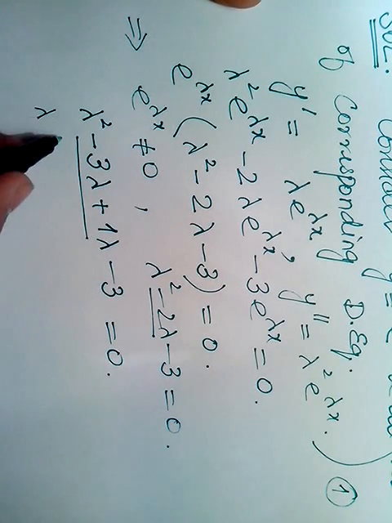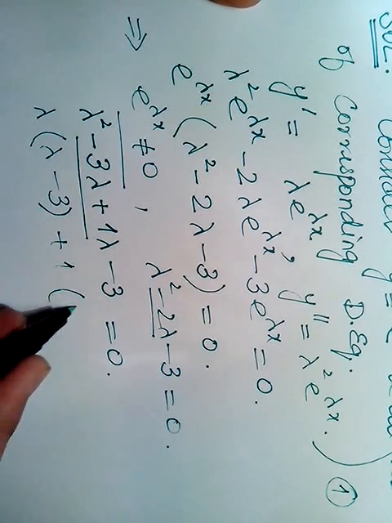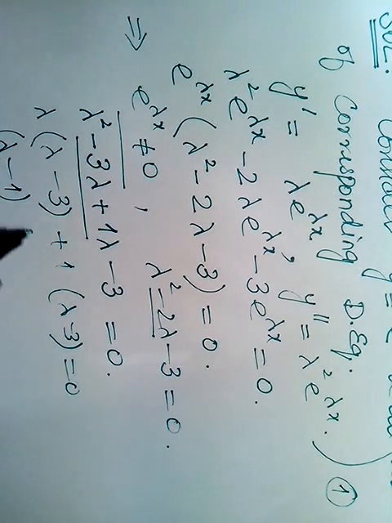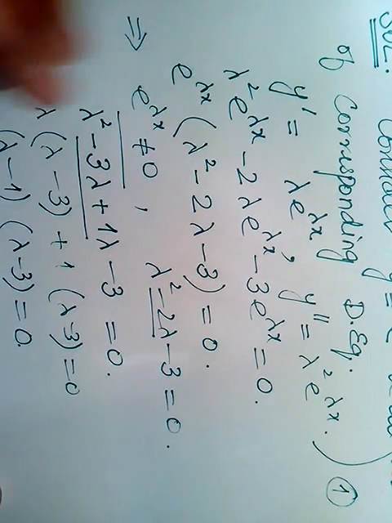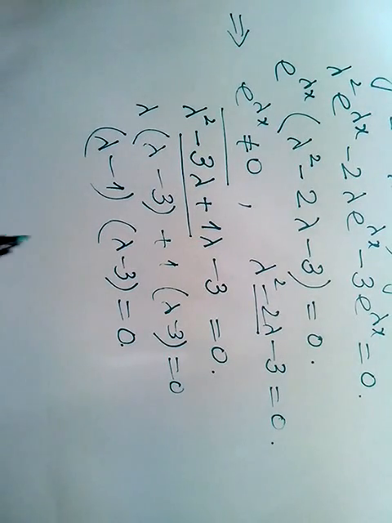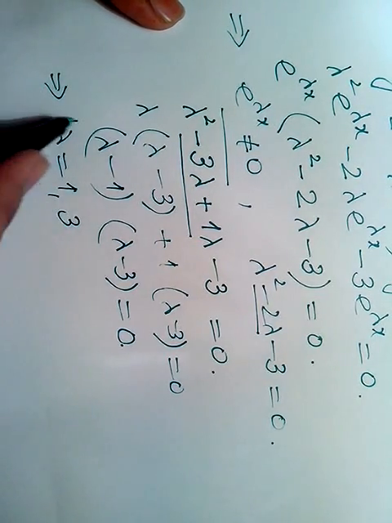Pulling lambda out from the first two terms, we get lambda times lambda minus 3 plus 1 times lambda minus 3 is 0, so lambda minus 1 multiplied by lambda minus 3 is 0. This implies that lambda is 1 or 3.